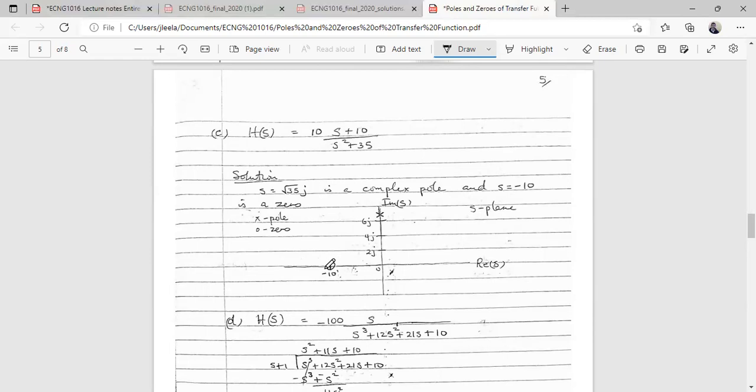Minus 10 here is your zero. And the square root of 35 j is exactly on the imaginary axis, a little above 6j. The square root of 35 is about 6 point something. So this will be an example where the limit as t approaches infinity of f(t) wouldn't exist, because the poles here lie on the imaginary axis.